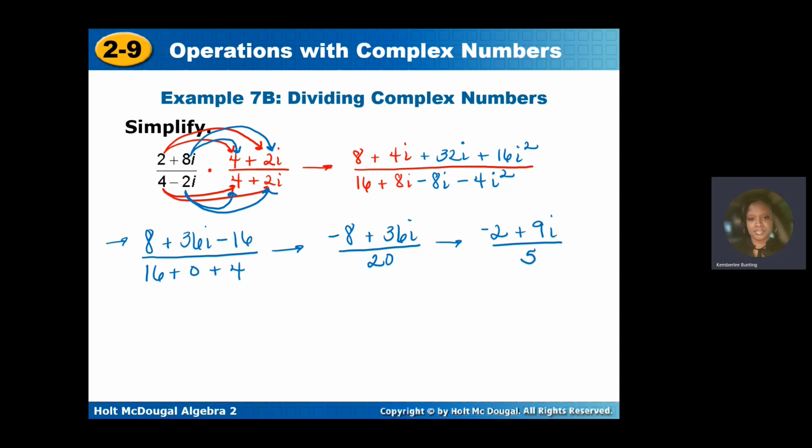And if they wanted it in complex number format, I would split my denominator. If they don't indicate that it has to be in complex number format, that could be your final answer, or negative 2 over 5 plus 9i over 5 would be the final answer. Any questions about splitting the denominator?